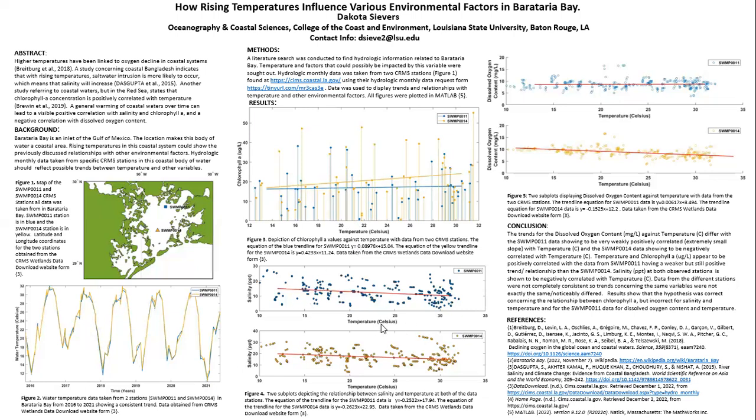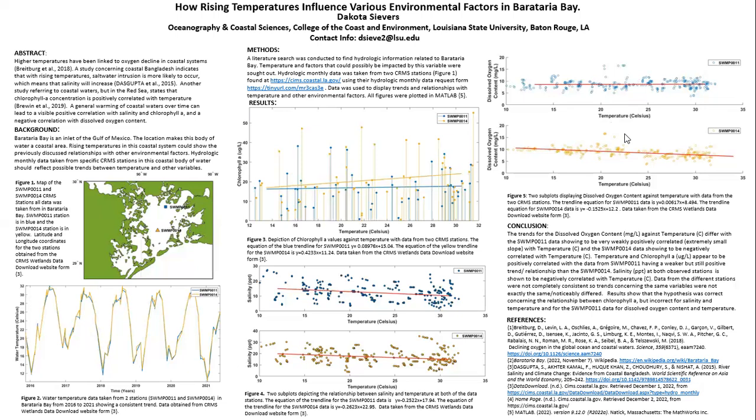In figure 4, you can see that through the trend lines for data at both stations that there is a negative slope, meaning that there was a clear negative correlation between salinity levels and higher temperatures. This can also be seen in both the trend lines having negative values for their slopes.